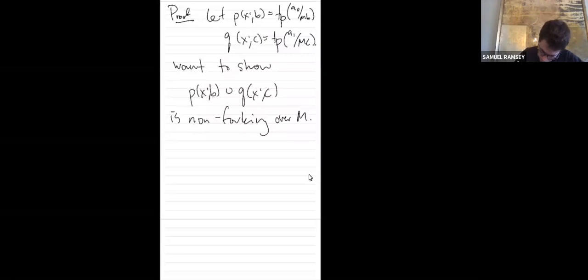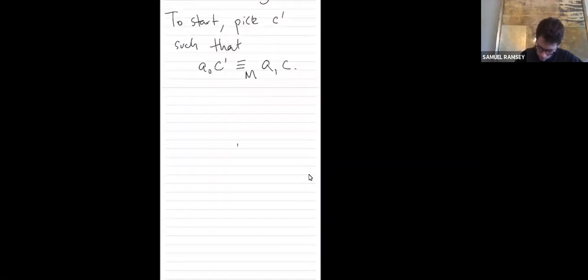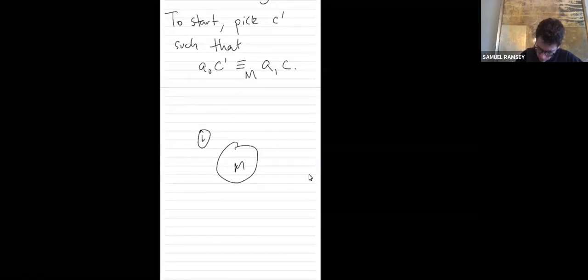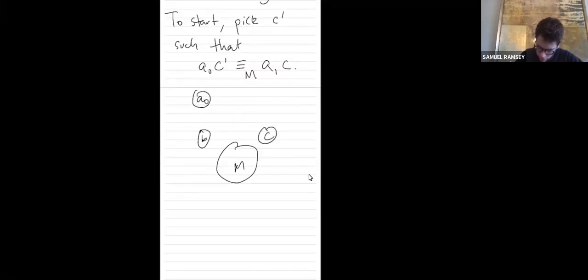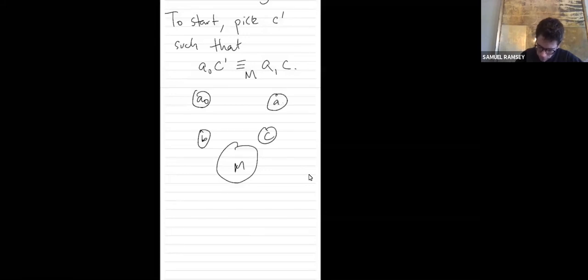So to start, we will pick C prime such that A0 C prime has the same type over M as A1 C. So we've got our model, we've got B, we've got C, we've got A0, and we've got A1.